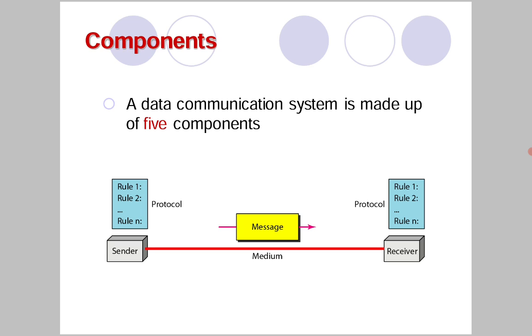in two parts, or between two computers, or between two devices, or between two users over the internet or a medium. Generally, sender and receiver are the two important components, whether users, PCs or any devices.